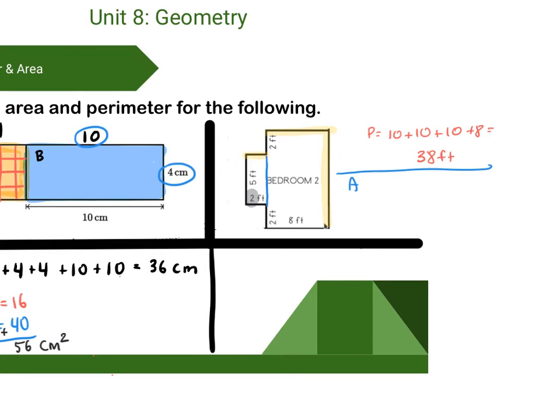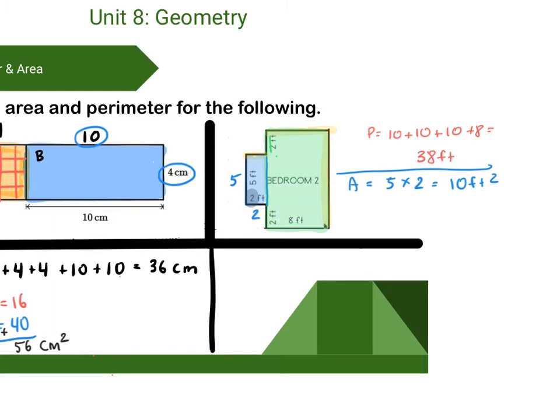On this first rectangle in here, I have 5 as my length and 2 as my width. So I'm going to do 5 times 2, which is 10 feet squared. And my second one in here, remember this is 8 feet across.